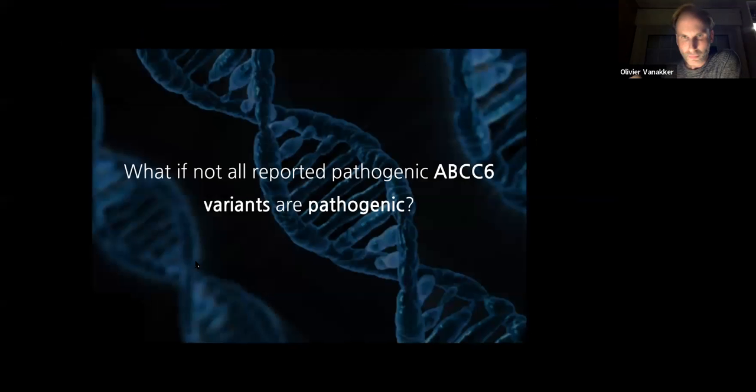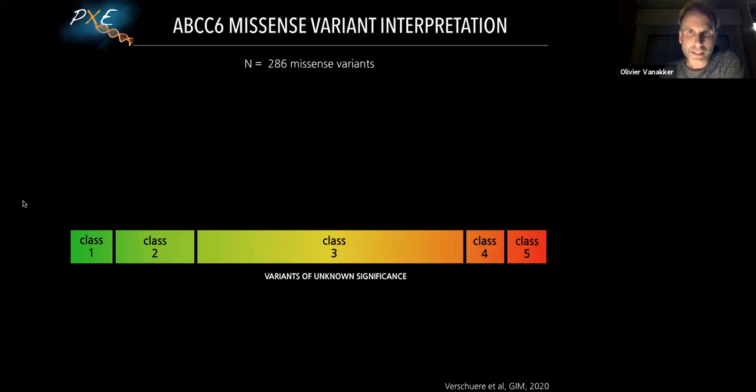And so we asked the question, are we sure that every missense variant that's out there reported as being disease-causing is actually the case or not? Genetic variants in general can be classified in 5 classes. Classes 1 and 2 are polymorphisms, innocent neutral variants.